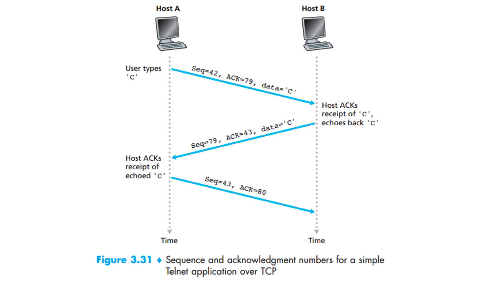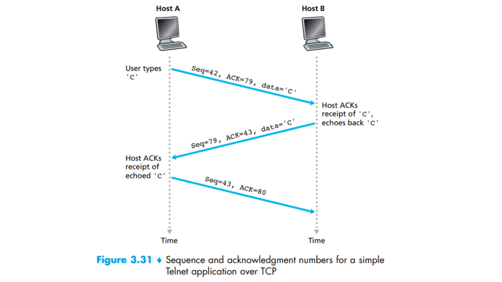Recall that the acknowledgement number is the sequence number of the next byte the host is waiting for. After the TCP connection is established, but before any data is sent, the client is waiting for byte 79 and the server is waiting for byte 42. As shown in Figure 3.31, three segments are sent.